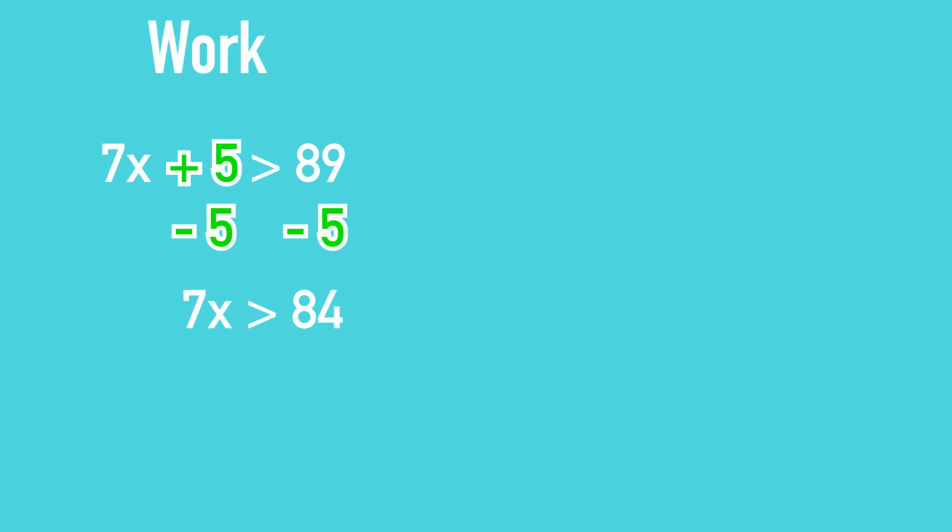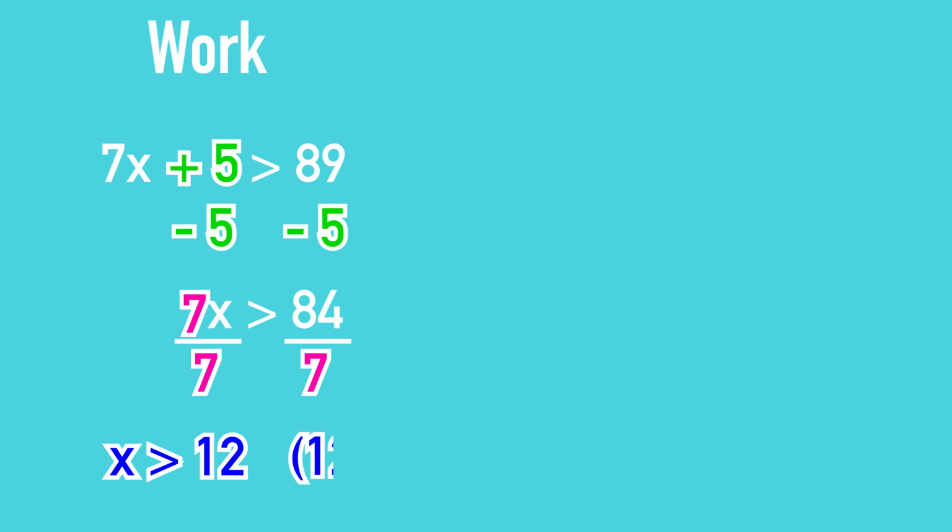Now we have 7x is greater than 84, so we'll undo the multiplication by 7 next, using the division property of equality. 7 divided by 7 equals 1, leaving just x, and 84 divided by 7 equals 12. So according to our calculations, x is greater than 12. The interval notation for this is open parentheses, 12, comma, infinity, close parentheses. Meaning, anything greater than 12 up to infinity will make the inequality true.